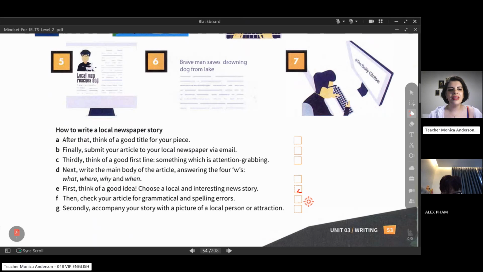And then number 2. D. No, just pay attention. G. Yeah, G, of course. So first, second, then the third one. C. Yeah, of course, thirdly.